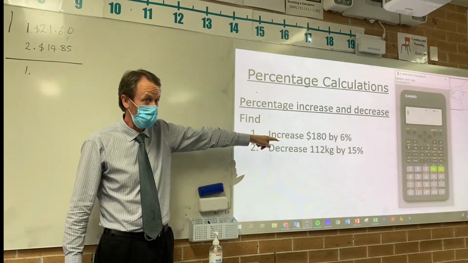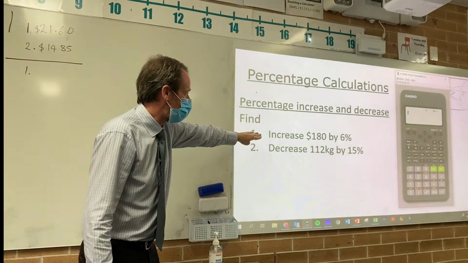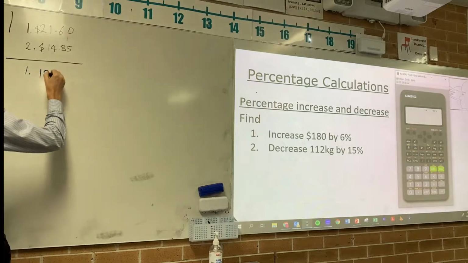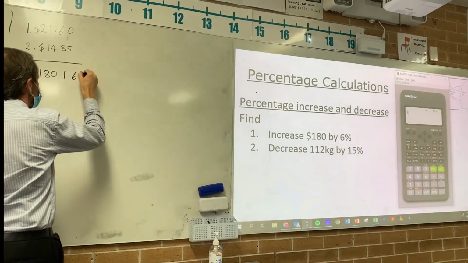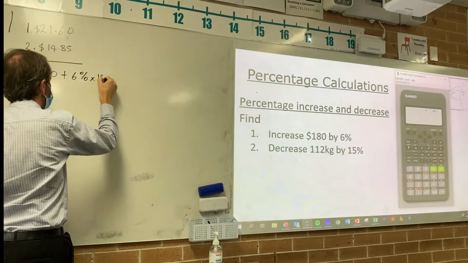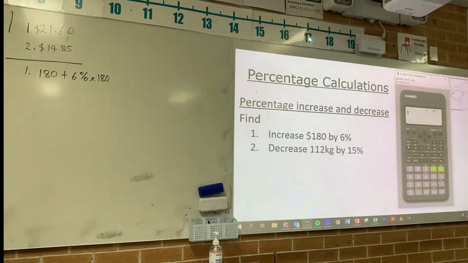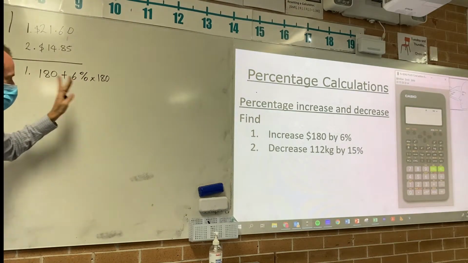Higher, okay? It needs to be more because I'm increasing. So, it's going to be 180 plus 6% of 180. That's what I'm doing. I'm doing 180 plus 6% of it.